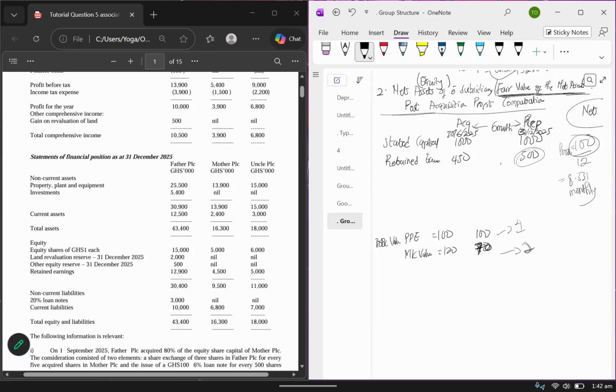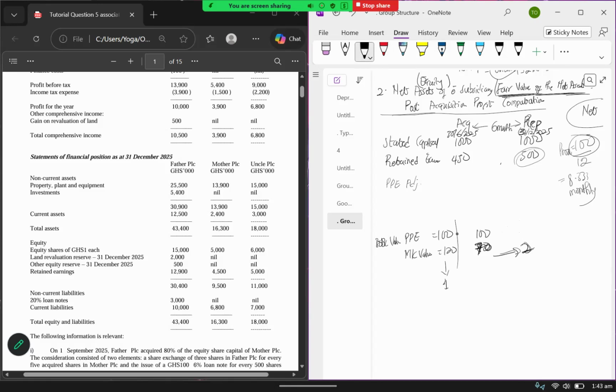In treating case 1, you will see the PPE adjustment.